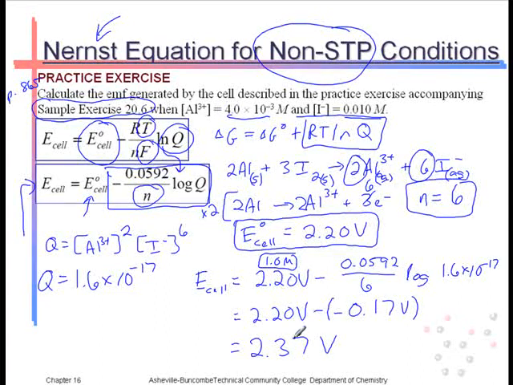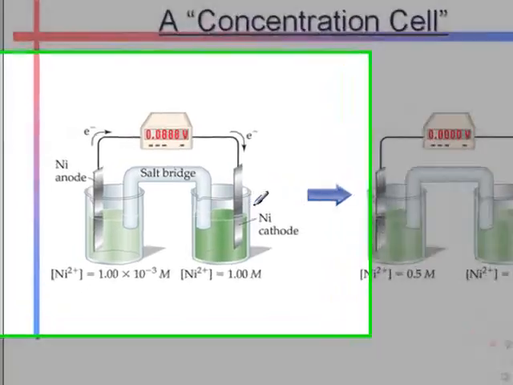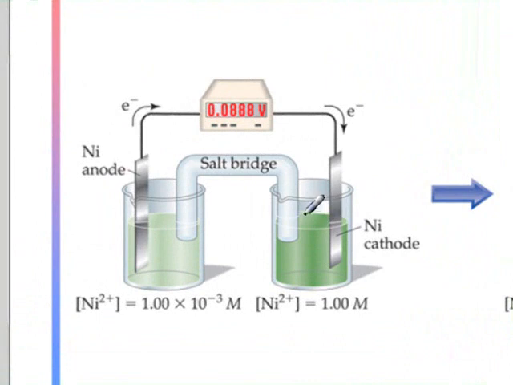And what we're seeing here, without getting into too much of it, because we'll talk about it in the next example, this increase in voltage for this particular voltaic cell is due to the differences in the concentration of the 2 compounds here. That's what you see driving the reactions. Now the driving force for the reaction that's shown in this concentration cell is based on the concentration difference of the nickel 2 cation in the 2 half reactions.